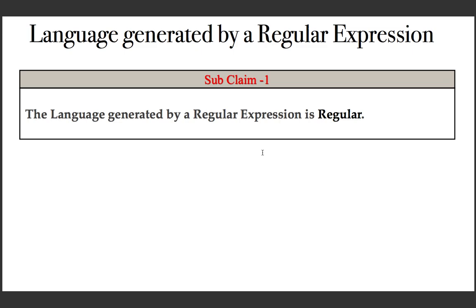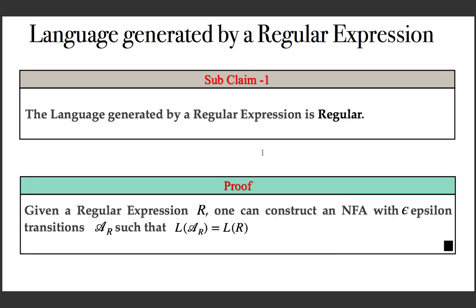So subclaim 1 is that the language generated by a regular expression is a regular language. And we are going to discuss a constructive proof for this claim. And the construction is, given a regular expression R, one can construct an NFA with epsilon transitions, A_R, from R, such that the language of the constructed NFA is the same as the language of the regular expression.